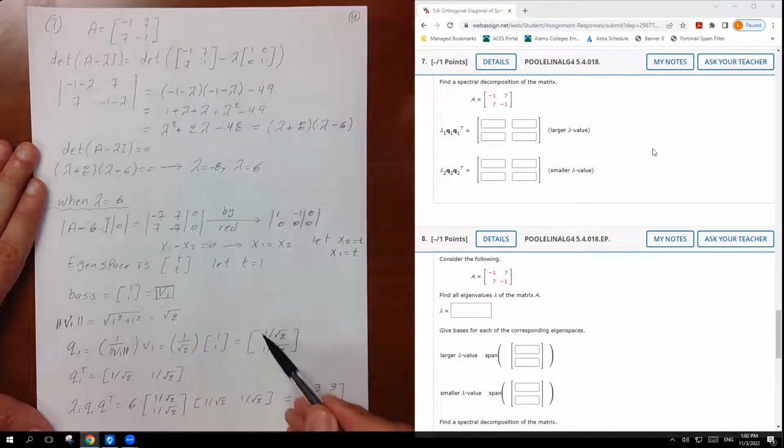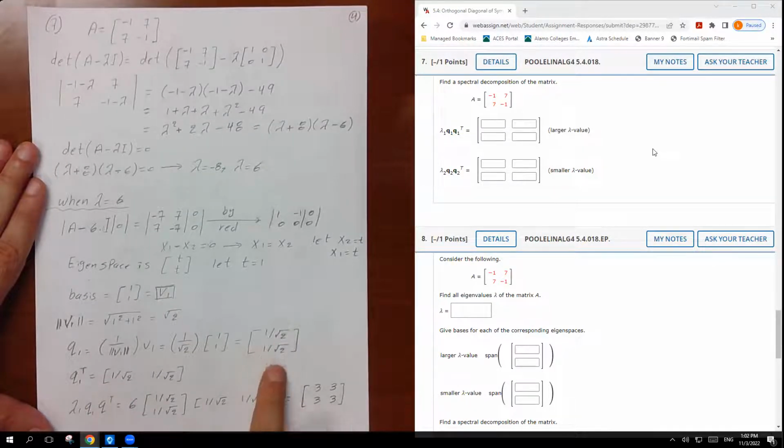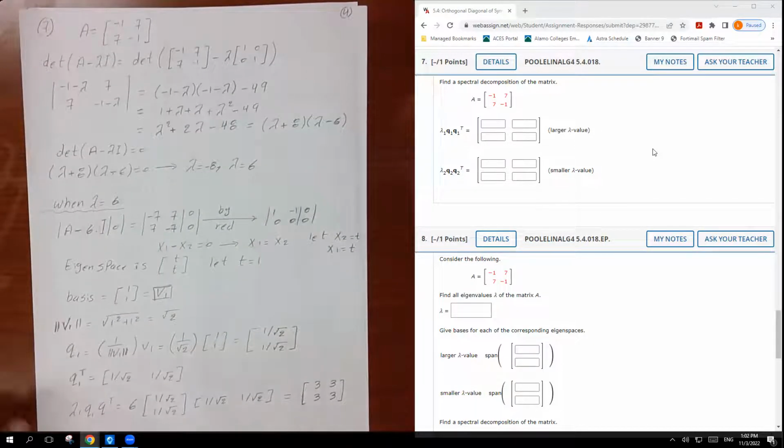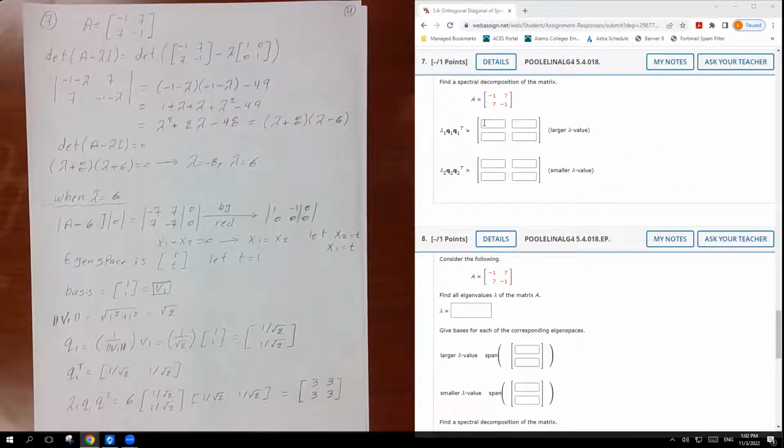Here is what we get. q1 transpose is just this column turned into a row. If you multiply lambda 1 times q1 times q1 transpose, it's going to be 6 times 1 over square root of 2, 1 over square root of 2 times q1 transpose, and here is the result. So that's the spectral decomposition with lambda 1. We're going to get 3, 3, 3, 3.